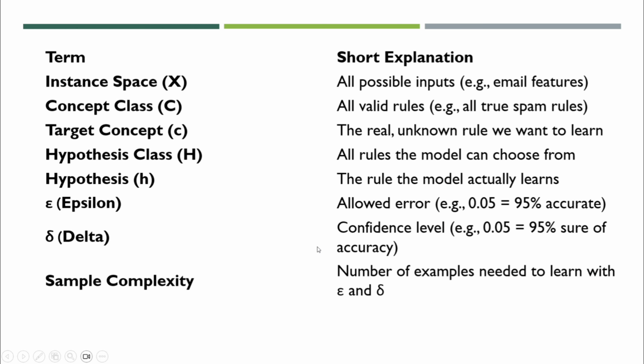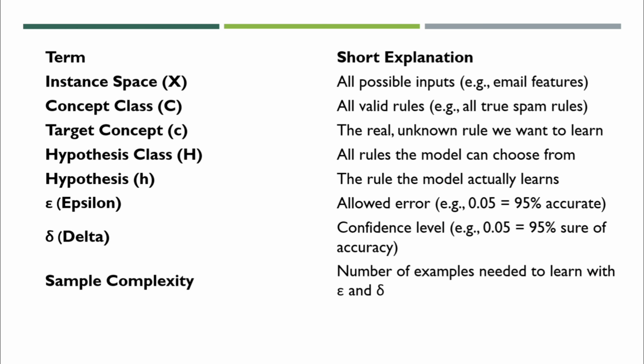Next one is epsilon. It is the allowed error, for example 0.05 is equal to 95% accurate, which means we allow some mistakes, 5% mistakes. And delta, the confidence level, 0.05 is equal to 95% sure of accuracy.